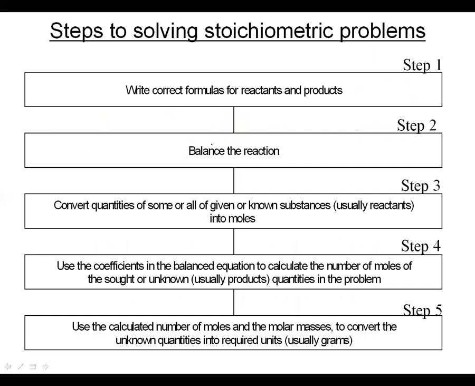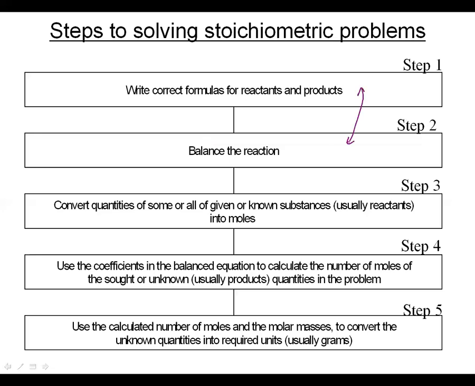Now, what you see on the screen is basically the 5 steps that you can follow to do all kinds of basic stoichiometry problems. And let's take a look at this. Really, the first 2 are combinations that occur.